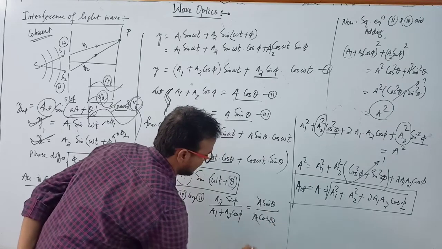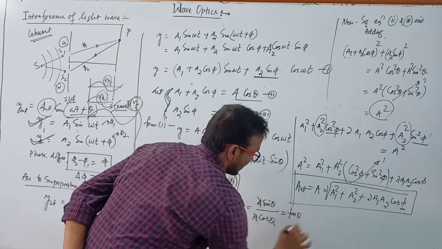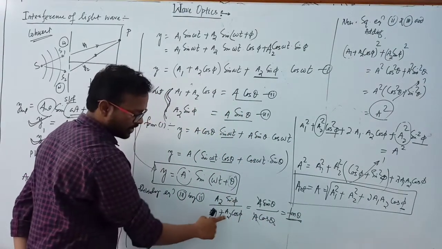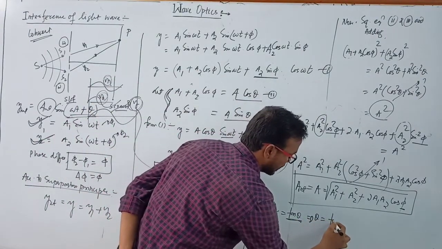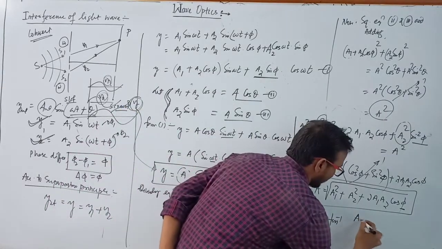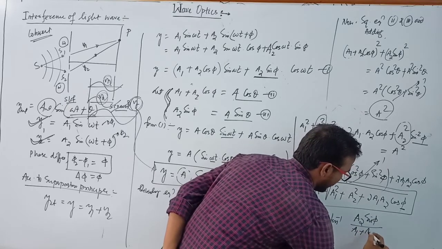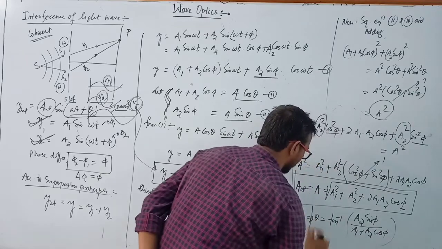A cancels, sin by cos equals tan, so tan theta equal to A2 sin phi by A1 plus A2 cos phi. Or we can write theta equal to tan inverse of A2 sin phi divided by A1 plus A2 cos phi. So we get also theta.